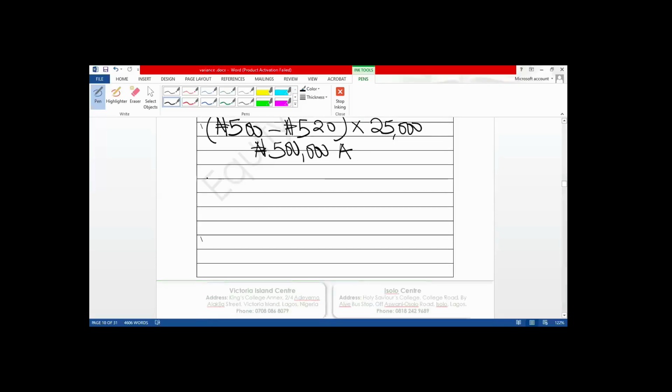Next, direct material usage variance. You look at the formula for this.